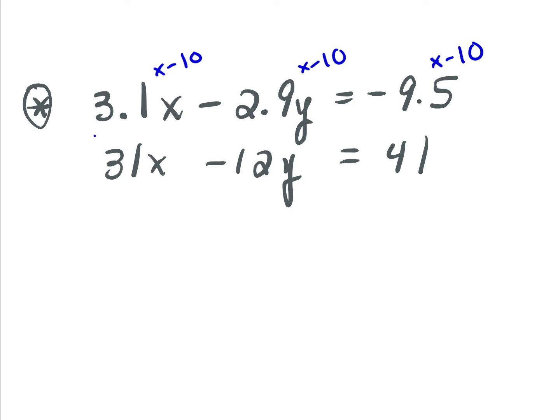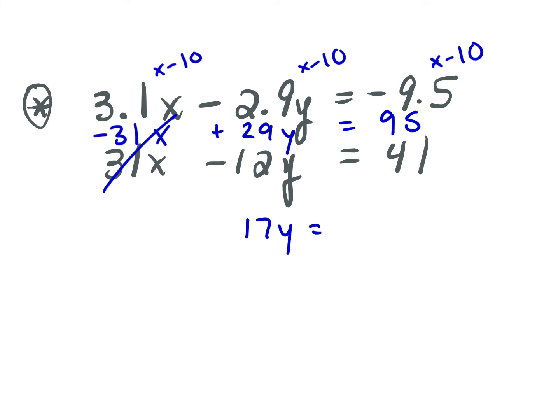So this is negative 31x plus 29y is equal to 95. So the x's cancel. 29y minus 12y would be 17y is equal to 95 minus 41, so 54.